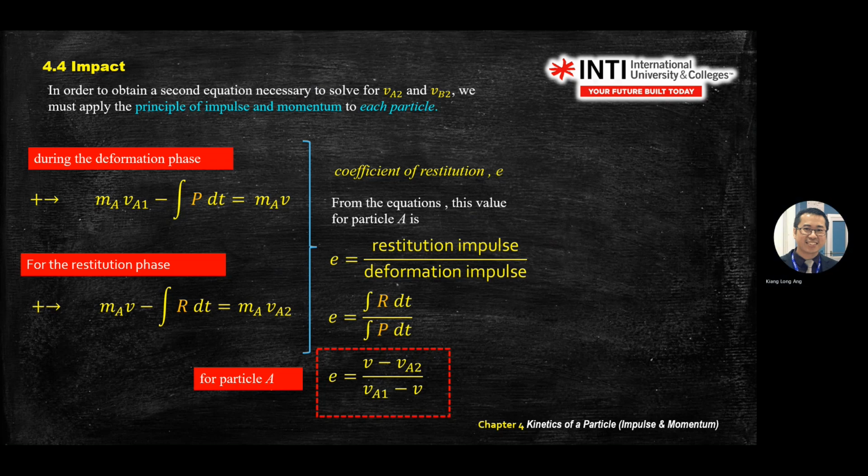You move this one to here, and you get the impulse P equals mAvA1 minus mAv, equal to impulse P. Then for impulse R, you move this one here. You make the calculation, and you will get the coefficient of restitution equal to v, where v is the final velocity at which the two bodies move together, minus vA2, divided by vA1 minus v.